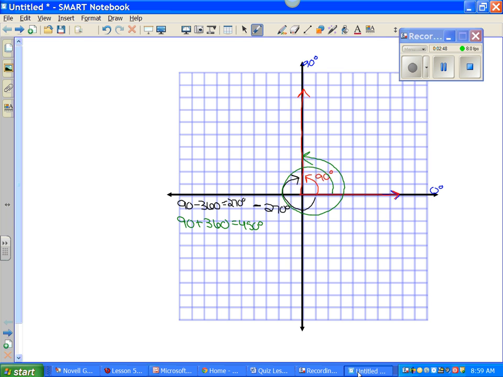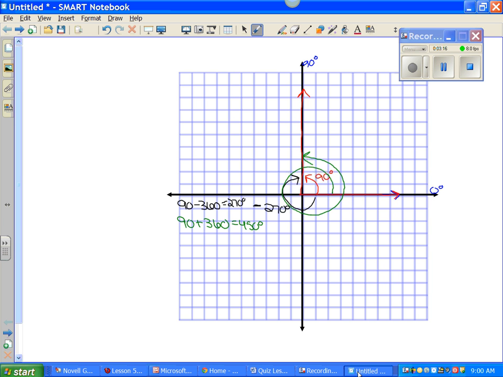So all I did to get a coterminal angle was either add 360 or subtract 360. Now, if I want a negative coterminal angle, I'm going to do what? Subtract. Now, can I only add 360 once to get a coterminal angle? No, I can add 360 as many times as I want. They're still going to be coterminal angles. They're still going to start and end in the same place. It's just going to be more rotations. Are we okay with that?